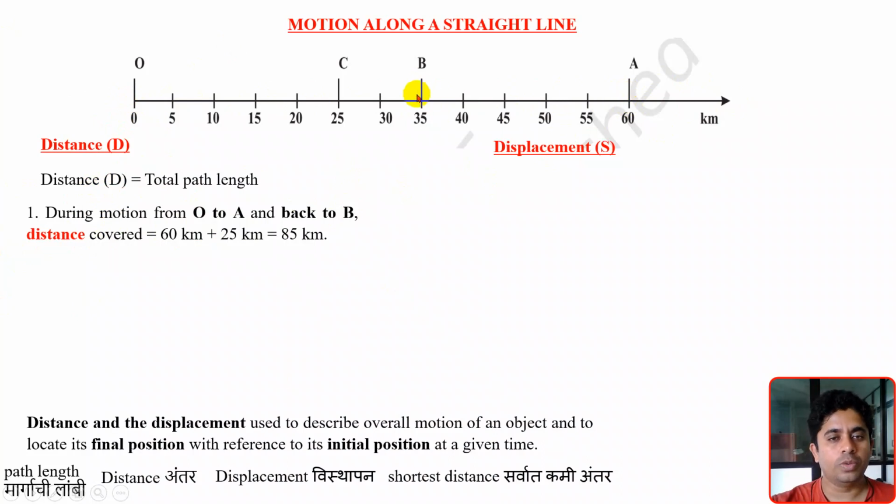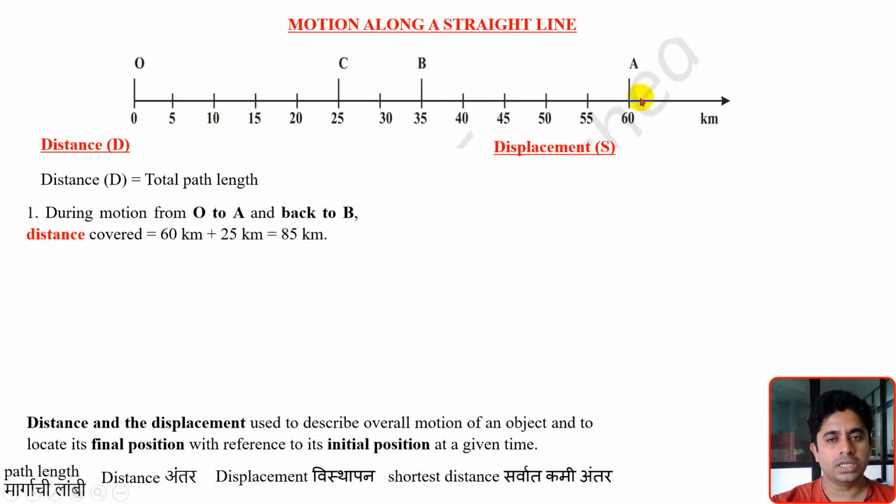And from A to B, even though while traveling from O to A, with respect to initial position O, it is going in the right hand direction, and from A to B, with respect to A, the object is traveling to the left hand direction. We are not bothered about whether the object has gone left side or right side, or considering any sign convention. Simply we are measuring the distance.